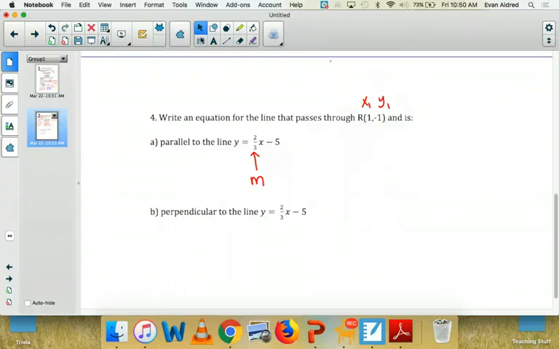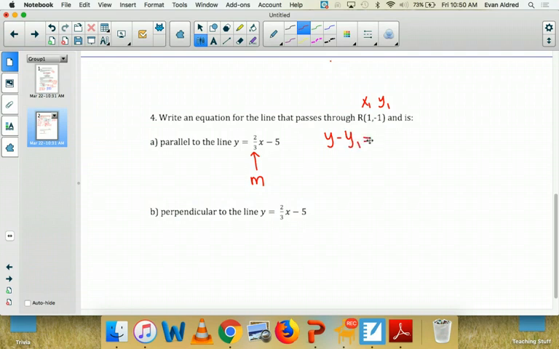So when we write this, y minus y1 equals m times x minus x1, we know our slope is going to be 2/3. We know it's going to be y minus negative 1, x minus 1.